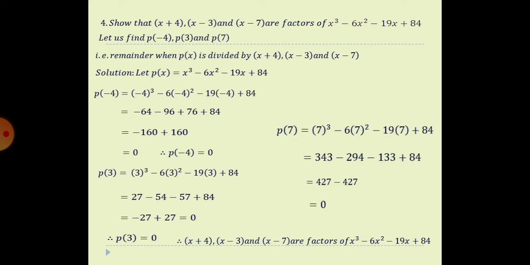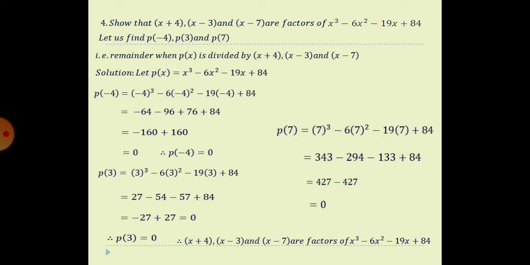When the given polynomial is divided by x plus 4, the remainder should be 0. x minus 3, the remainder should be 0. And x minus 7, the remainder should be 0. Or simply we have to prove that p(minus 4) is 0, if the polynomial is assumed as p(x). p(minus 4) is 0, p(3) is 0 and p(7) is 0.